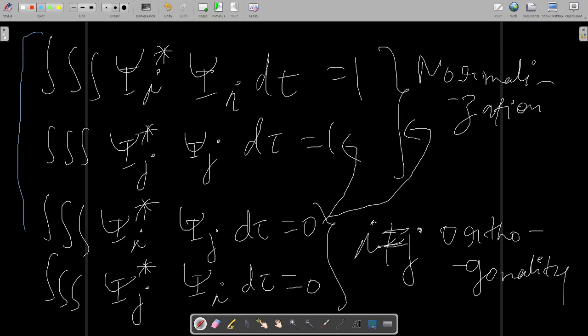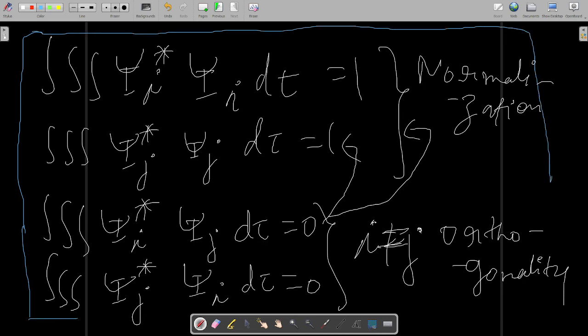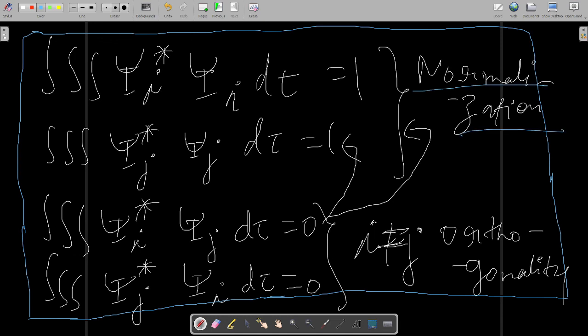If all these conditions from the top till the bottom are satisfied simultaneously, all these four equations are satisfied simultaneously, then both normalization and orthogonality will hold.